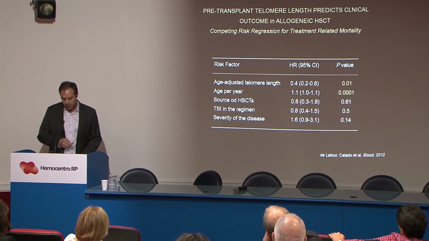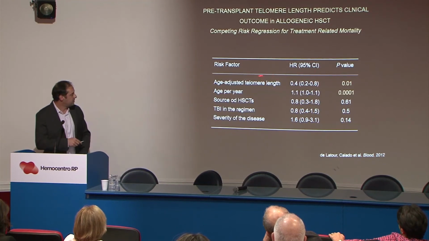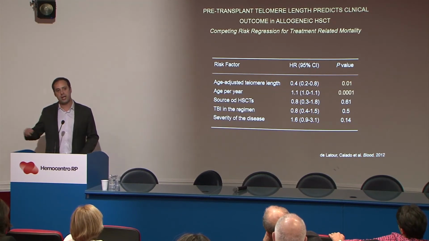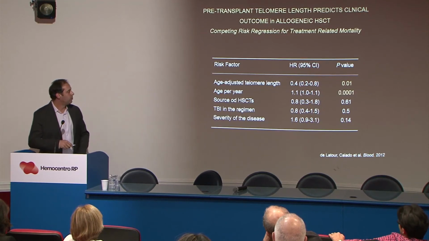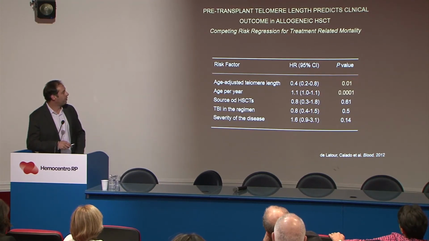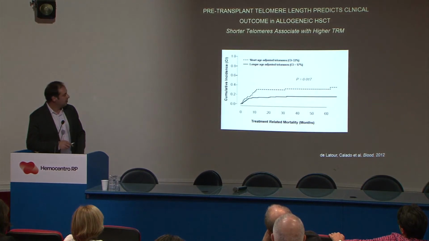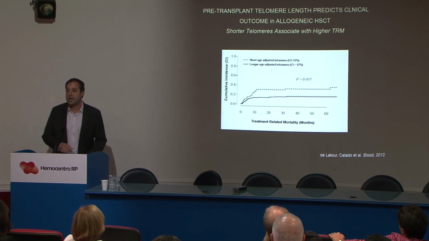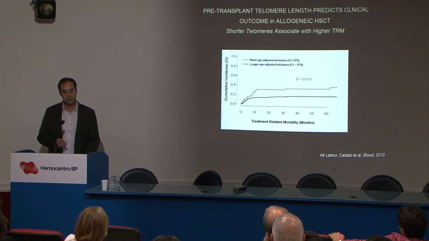What we saw was that the age-adjusted telomere length, meaning that we're getting rid of the age effect, was a very important risk factor for treatment-related mortality in these patients. Patients with short age-adjusted telomeres had a higher cumulative incidence of transplant-related mortality in comparison to those who had longer telomeres.